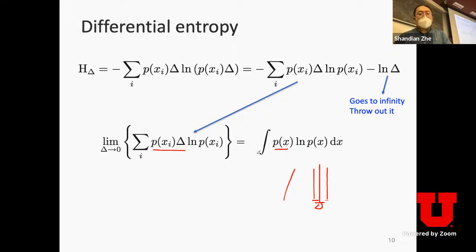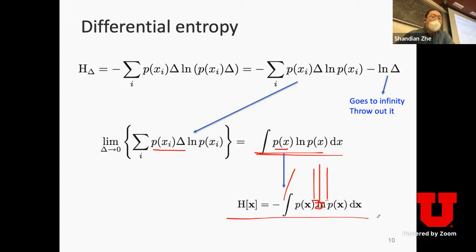So now it becomes an integral. This looks normal for many continuous probability densities. So we define our entropy in this way, which is called differential entropy. The differential entropy is actually different from the entropy defined for discrete random variables, because we threw out an infinity term.